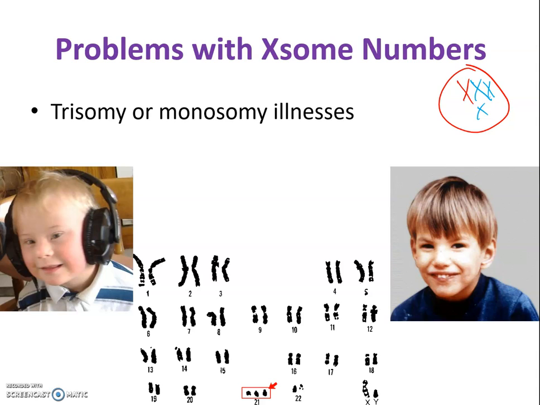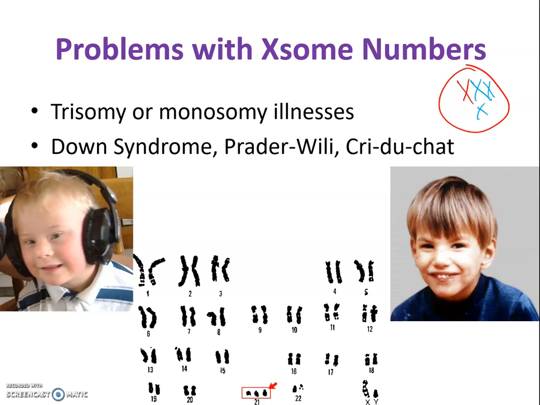Oftentimes, these trisomy and monosomy illnesses don't result in viable pregnancies. Oftentimes, they're miscarried or they don't make it until maturity. The reason for that is we are designed as humans, and really as all biology, to have copies from each parent. Some of the more common illnesses that we see that do result in birth include Down syndrome, Prader-Willi, and Cri-du-Chat.